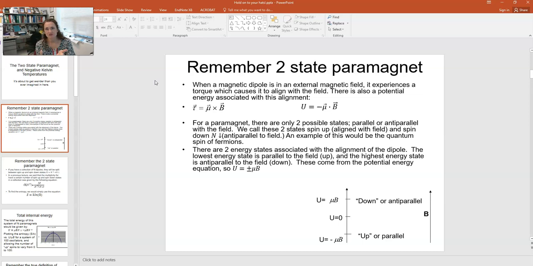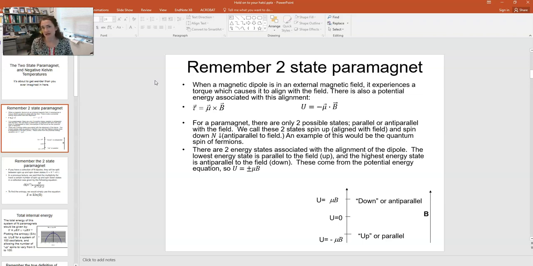Now, this is for a classical dipole, okay? For a classical dipole, it could be at any particular angle with respect to the field. But for a quantum dipole, like, for example, a magnetic moment of a nuclear spin system, or the magnetic moment of an electron, there's going to be a limited number of states. So specifically for a proton, for example, particles are either spin up or spin down, okay?